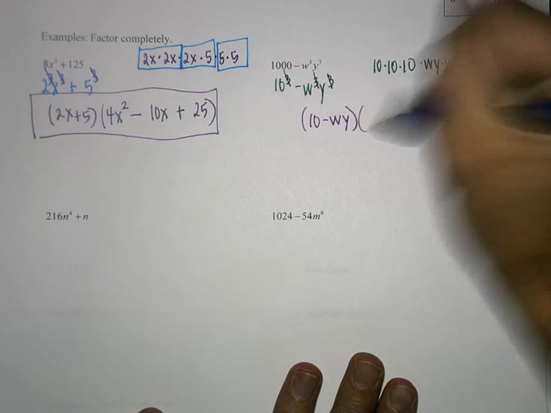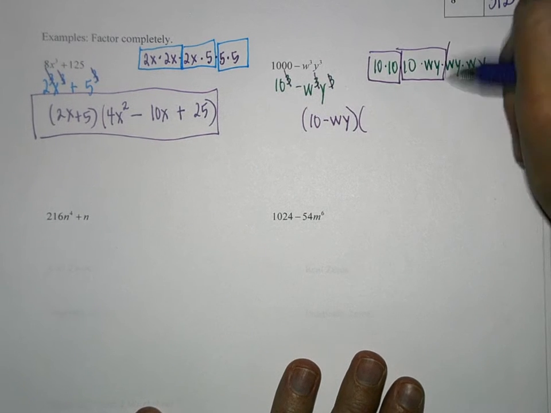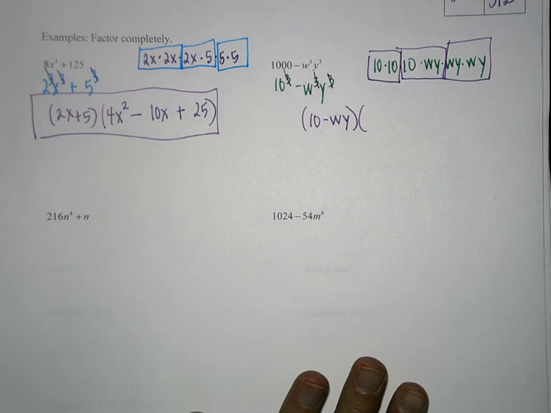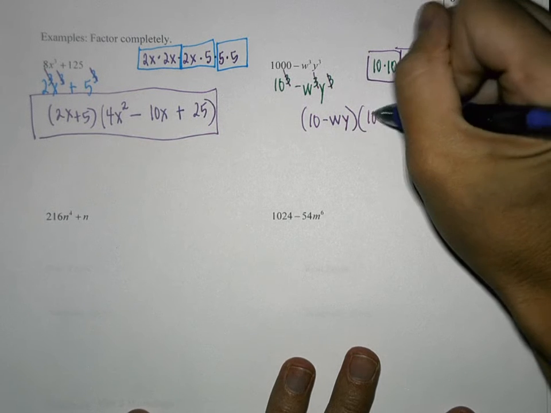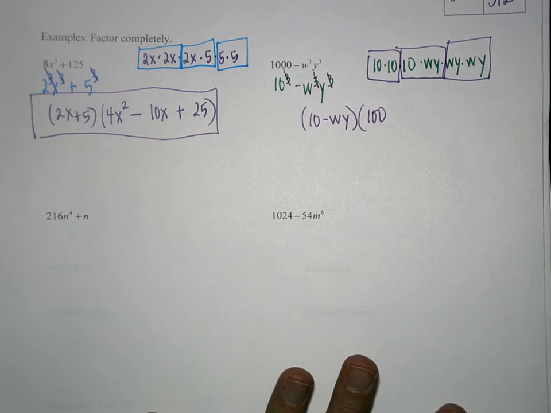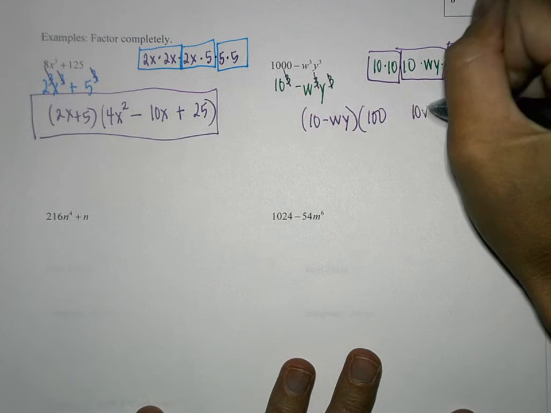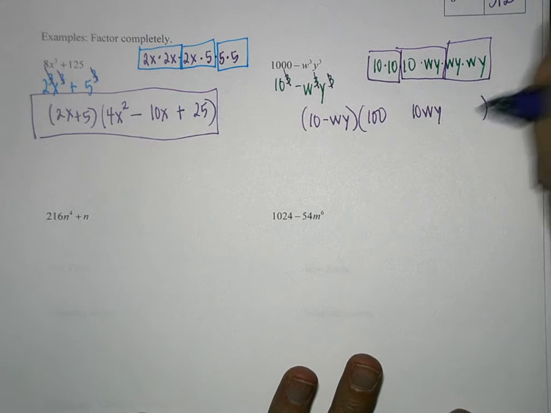Okay, my next parenthesis is where we group each of these by 2's. What will be the first term? Good, 100. We'll go ahead and leave the blank and use SOAP after. 10 times wy is 10 wy. And then my last term will be, close.